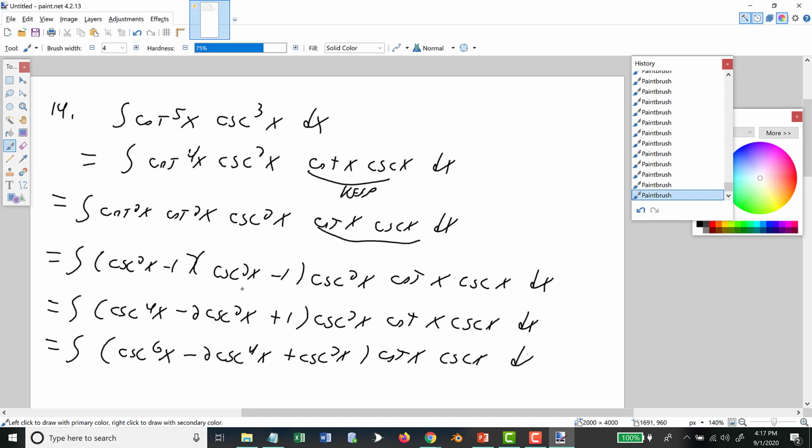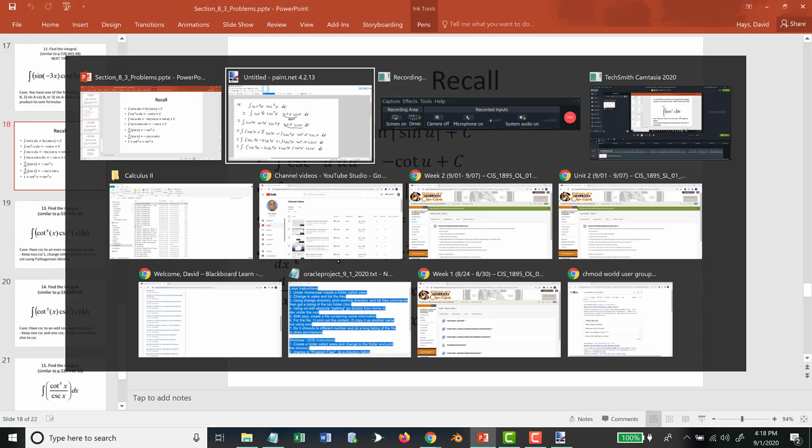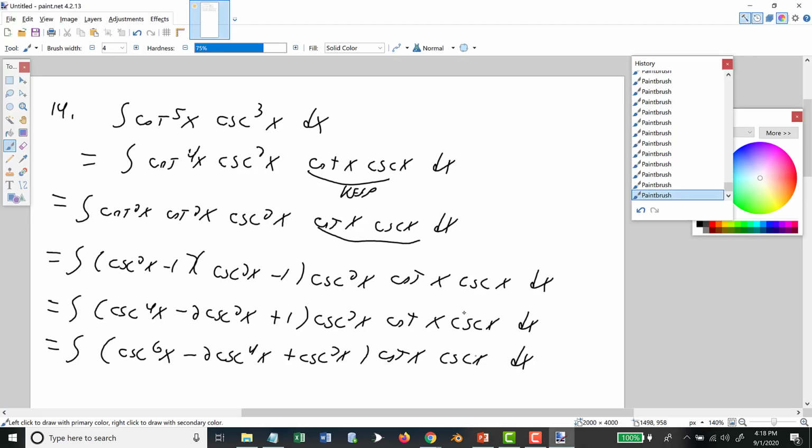Now, the reason why I wrote my steps such that we rewrite all these in terms of cosecant is I'm assuming the derivative of cosecant is cotangent and cosecant. We're screwed if it isn't. Okay. Derivative of cosecant is negative cosecant cotangent. Close enough. We just need a negative in here.